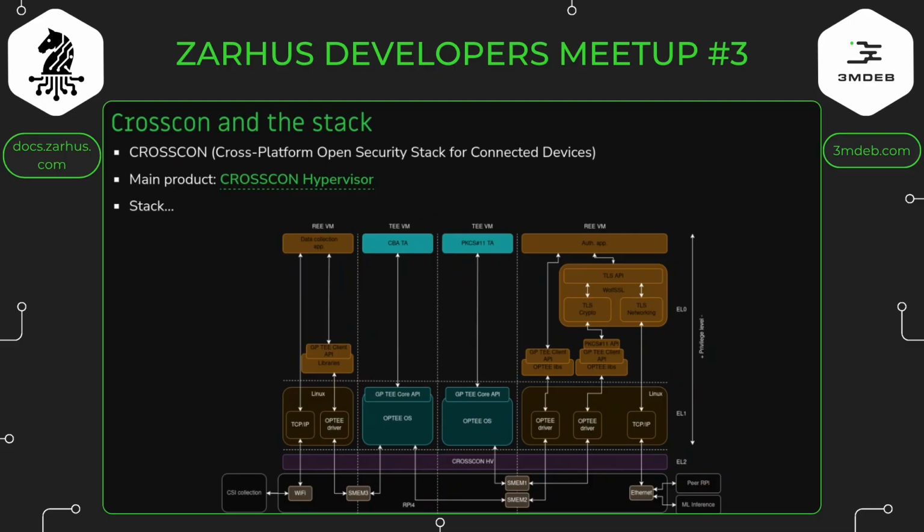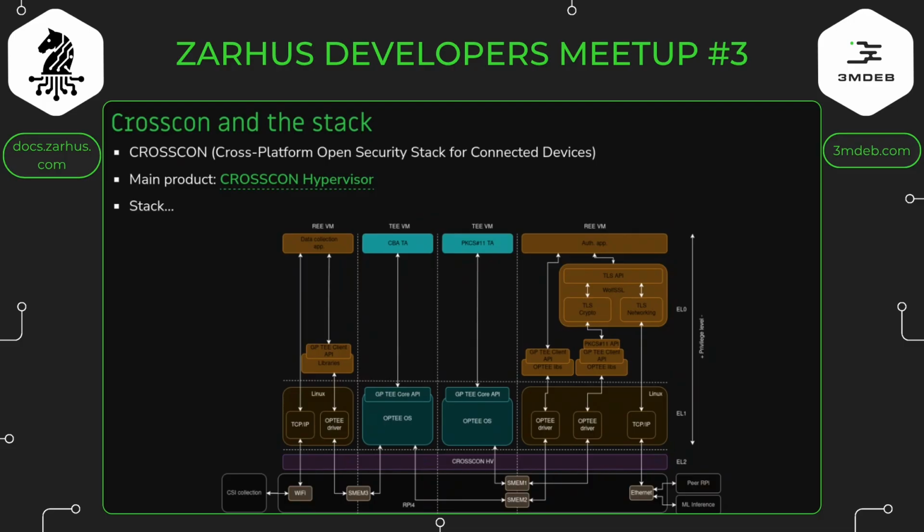It is the trusted execution environment, and it hosts the PKCS11 TA. That application is used to store private keys for the TLS client and TLS server that we will be running. It is the secure environment to store the keys, and we do not have direct access from outside of it. The second VM to the left is also an OP-TEE-based VM, and it's running the CBATA.